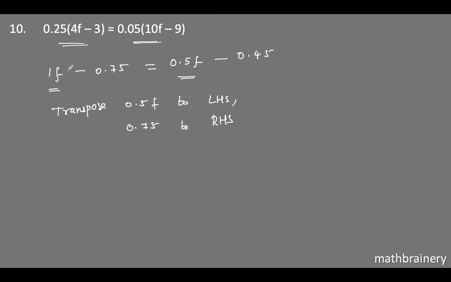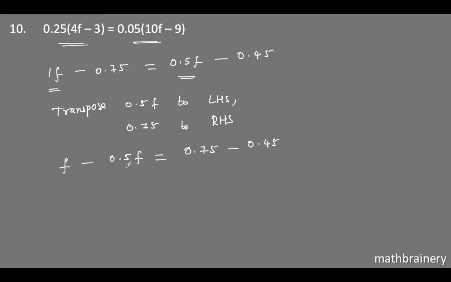Now, first step, when we are transposing this variable term to the left hand side, you get 1f, same as f, minus 0.5f is equal to, when I transpose 0.5, change its sign to minus 0.5f. This is equal to, now 0.75 here it has a minus sign. When we transpose it to the other side, it will be positive. So, it is 0.75 minus 0.45 here as it is.